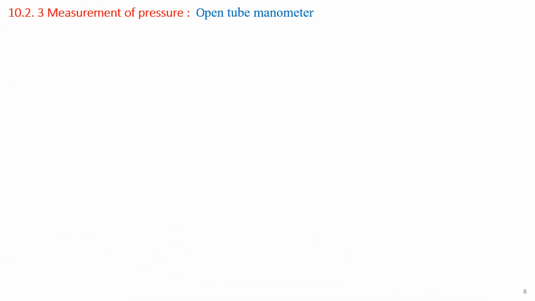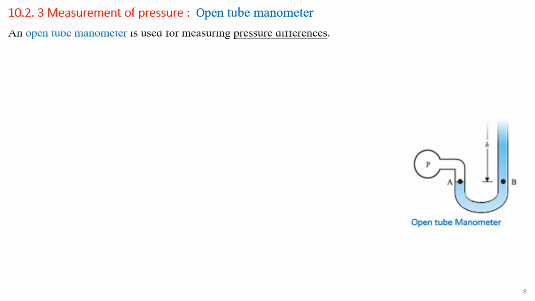The second method of measurement of pressure is the open tube manometer. The figure of the open tube manometer is shown on the screen. An open tube manometer is used for measuring pressure difference.